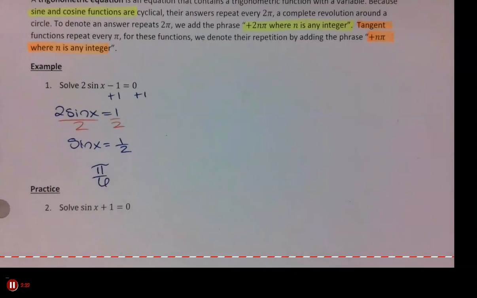If you don't have that chart memorized, you need to go back to 5.2 day 1 and listen to how I remember it, because you will need to know it for the test.